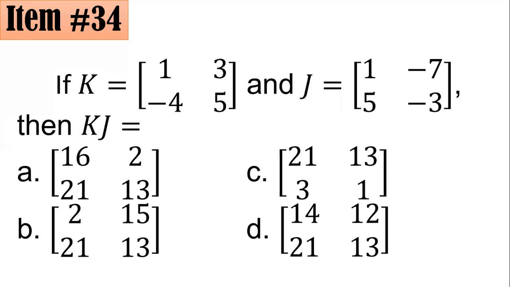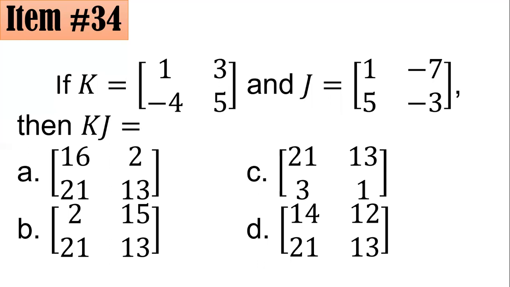One thing that we have to note is that in general, multiplication of square matrices is not commutative. Note that only square matrices of the same dimensions could be multiplied. 2 by 2 could be multiplied with 2 by 2, 3 by 3 with another 3 by 3, and so on.